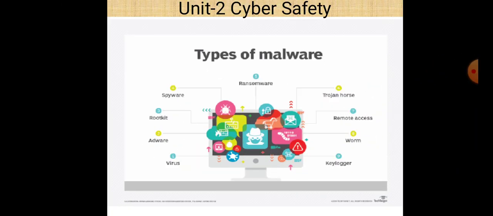So the classification is based on the fact that they damage data in a certain way, or even some malwares don't damage the data, they just copy the data and send the data.